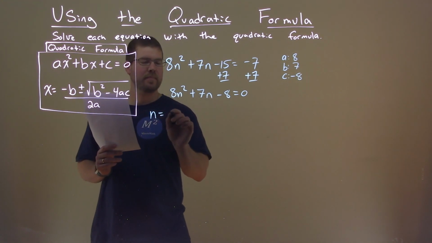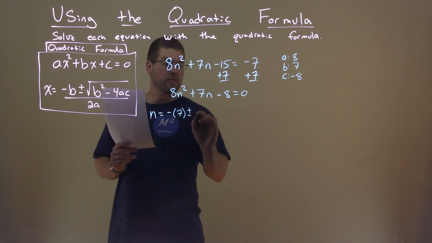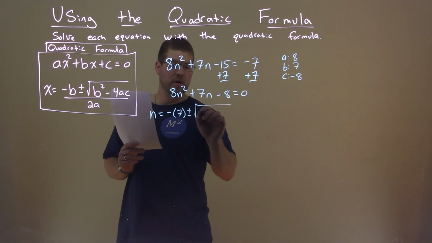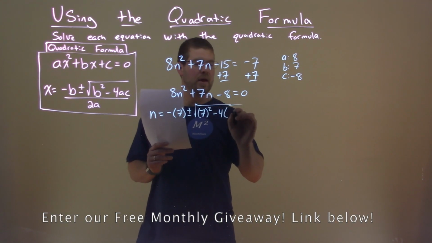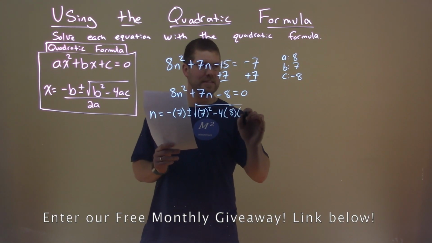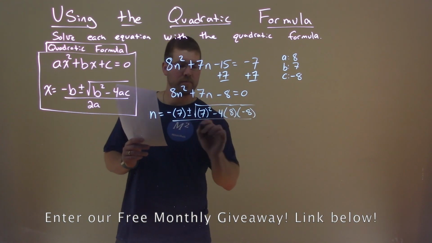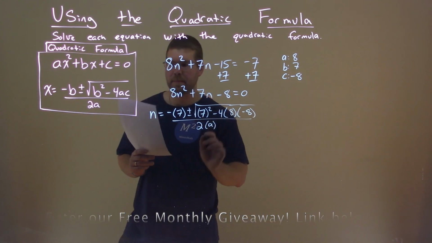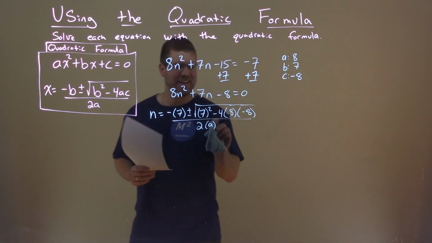Plug them in. N equals negative b, so minus 7, plus or minus the square root of b squared, so 7 squared, minus 4 times a, which is 8, times c, which is negative 8, all over 2a. Oh, sorry. A is, I said a, but I want 8.